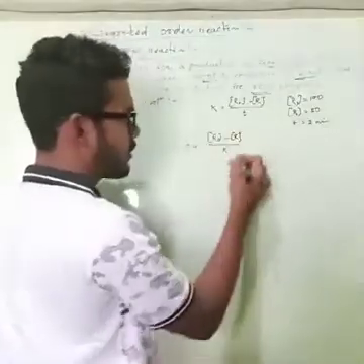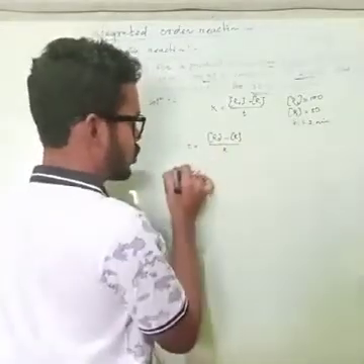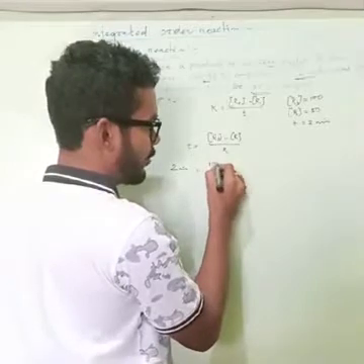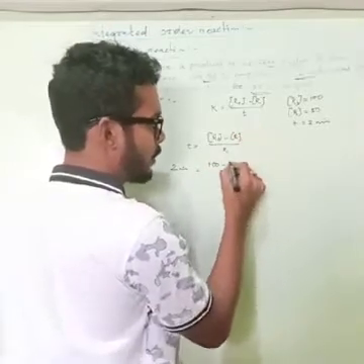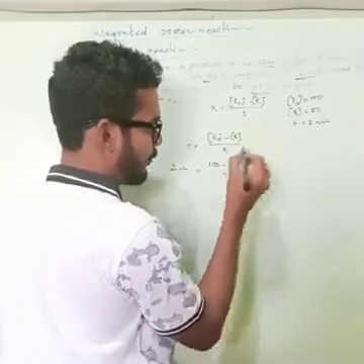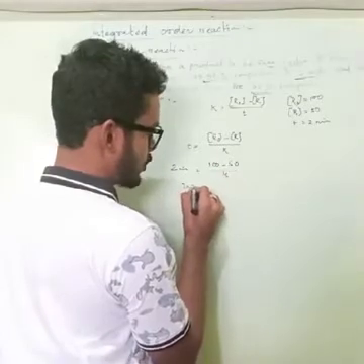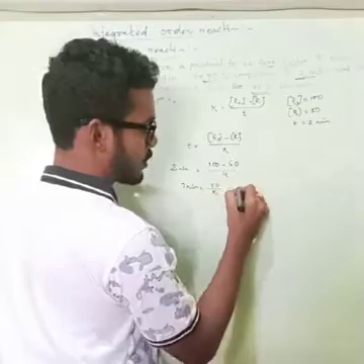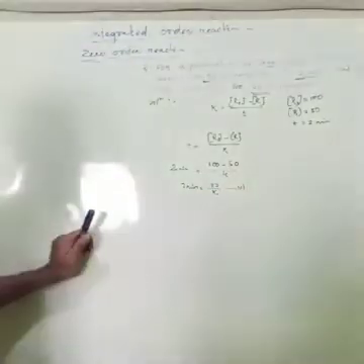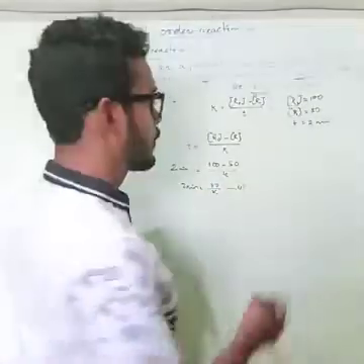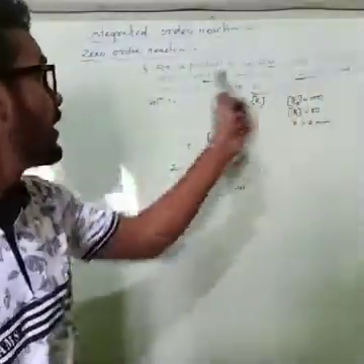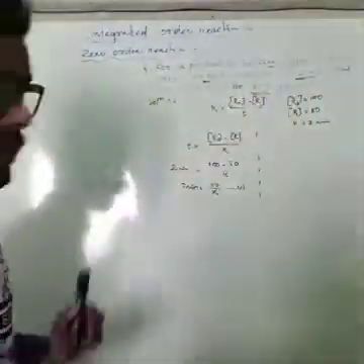This I can also write: here t is your 2 minutes, R naught is your 100, minus R is your 50, by k. Or 2 minutes equals 50 by k. Suppose this is equation 1. And one more thing is given, that is to find the time for 75% completion.